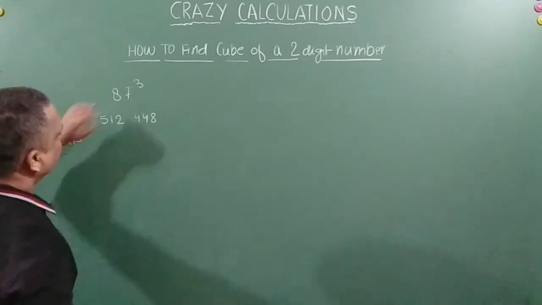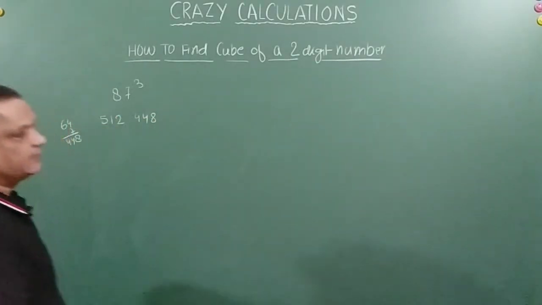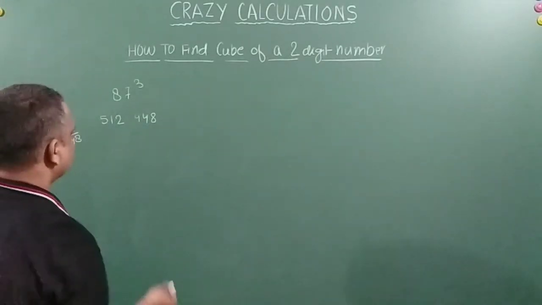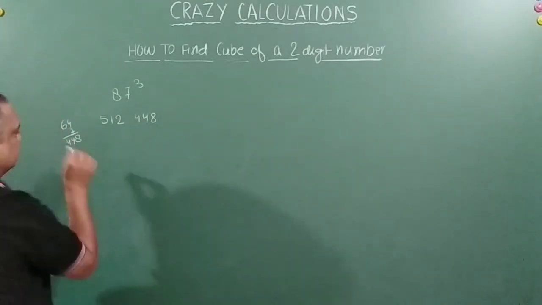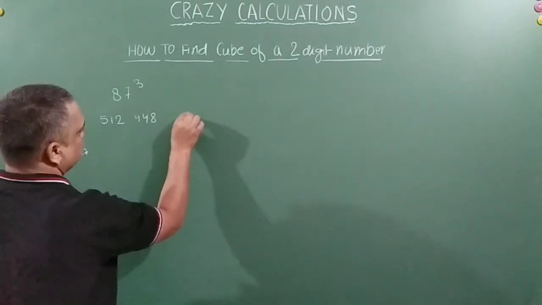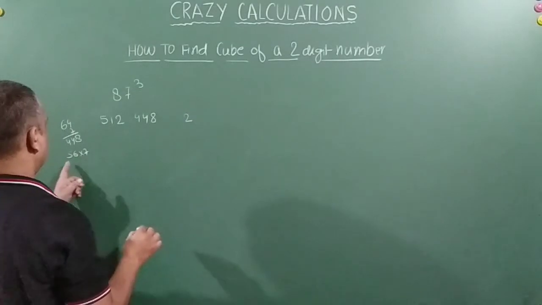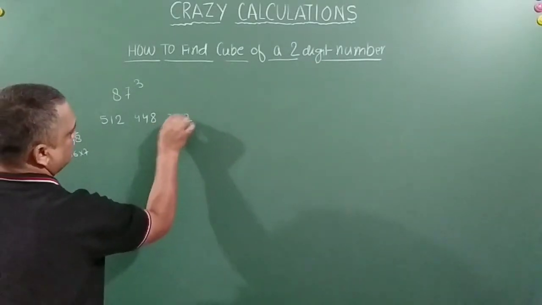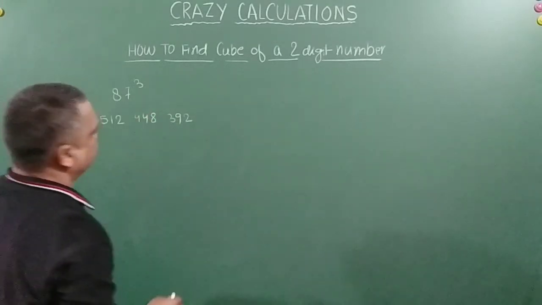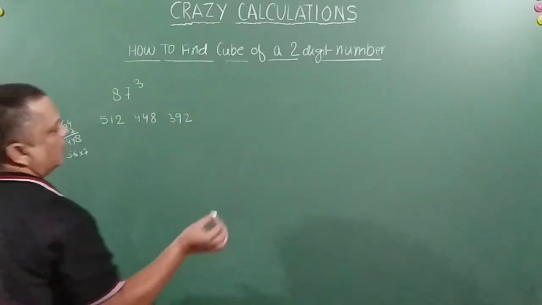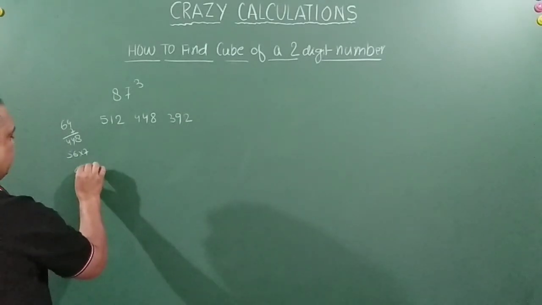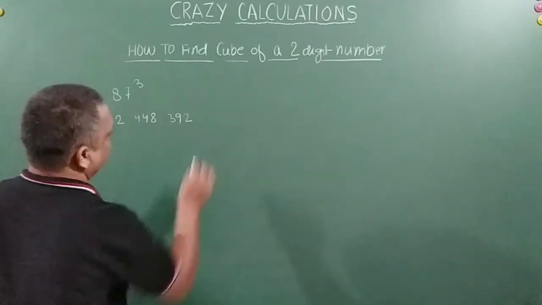448. 448 divided by 8, that is equal to 56. 56 into 7 is 392, right? 392 divided by 8 is 49. 49 into 7 is 343.